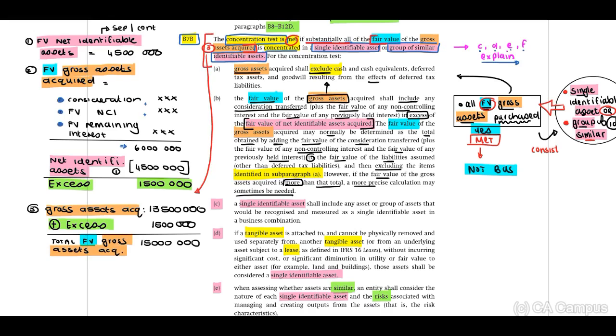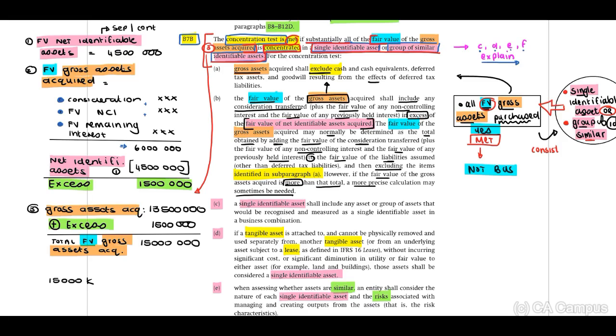The fair value of our gross assets acquired, going to write this down here at the bottom left corner, please, guys, and this is 15 million, is concentrated in a single identifiable asset or group of similar identifiable assets.